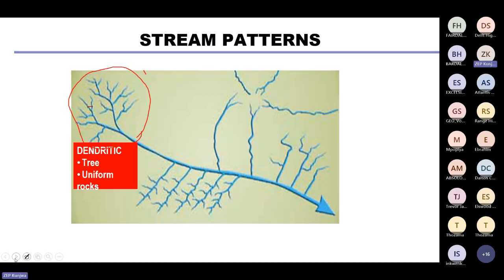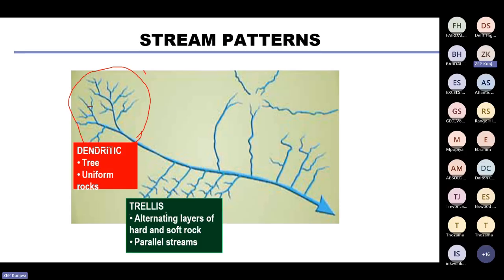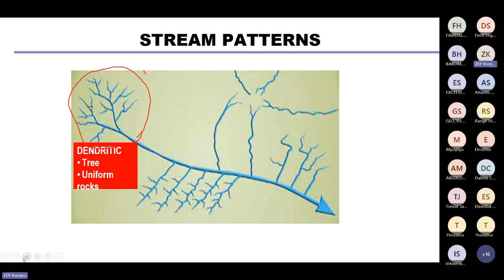Okay, the second one is your trellis. Before I can explain trellis, I need to show you something. I am going to highlight some areas here so that you can see those. You see these streams in between them here.